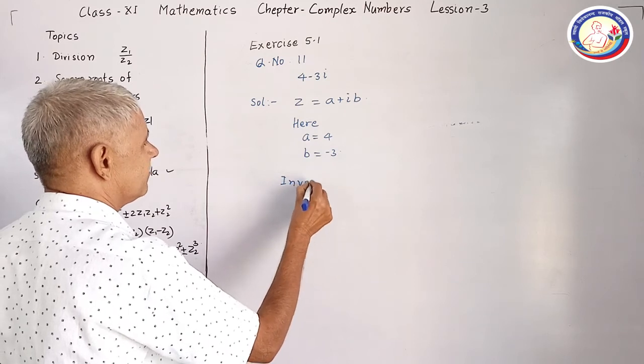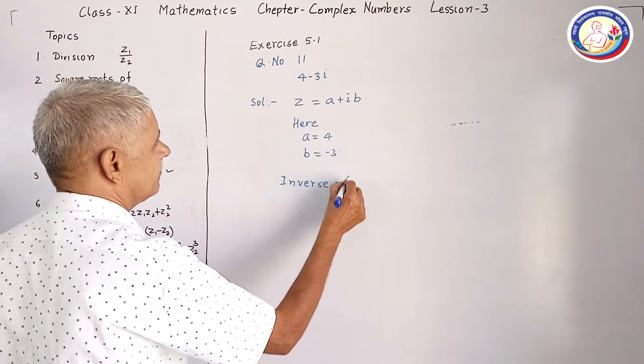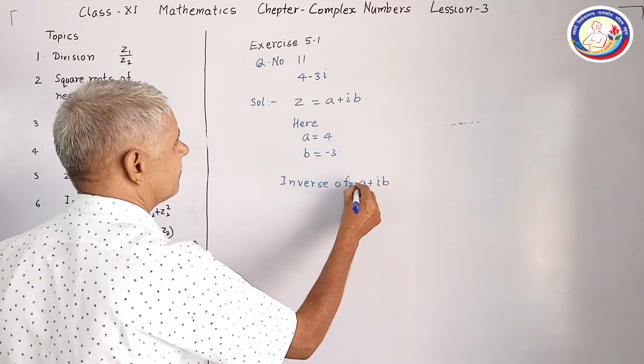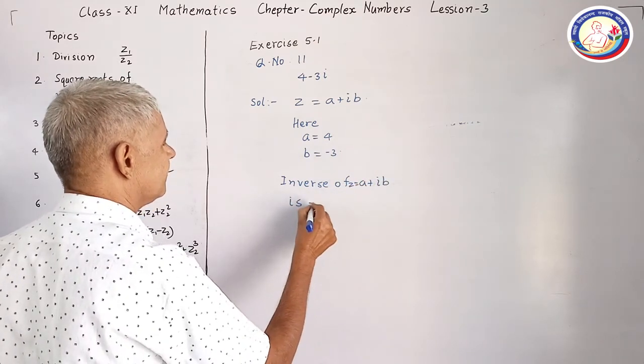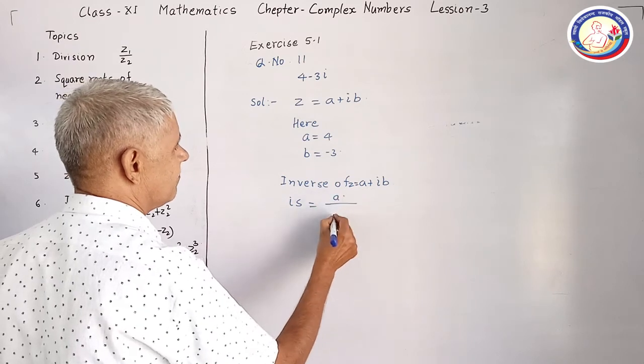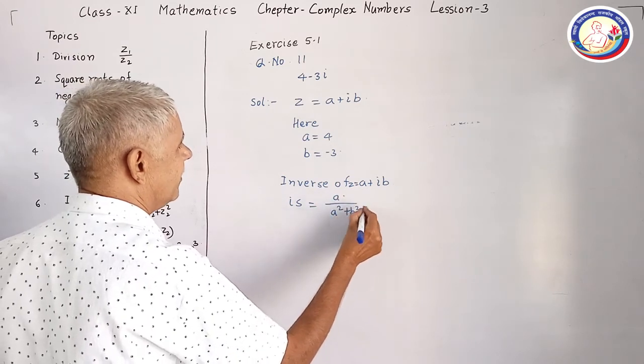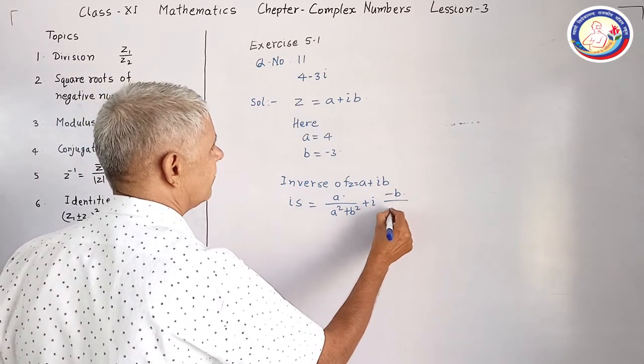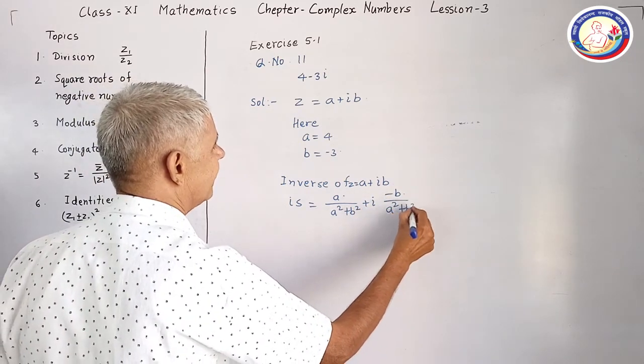The inverse of a plus ιb is a upon a² plus b² plus ι times minus b upon a² plus b².